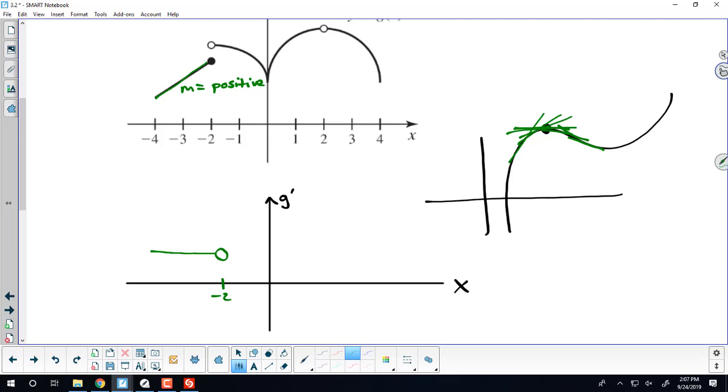Those things are going to get flat together at that point. When we have something like this, there's no way to approach that point that's included on the function from both sides. Since that two-sided limit doesn't exist there, you can't define the derivative as the slope from both sides anymore.